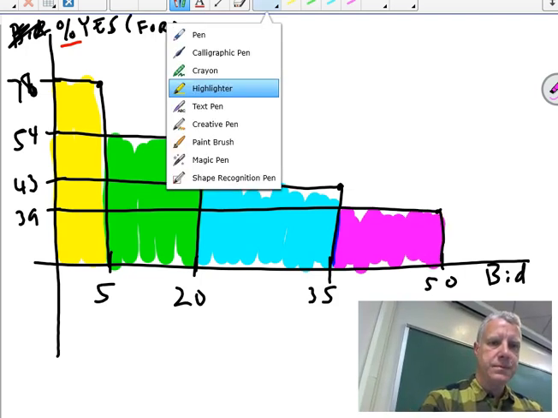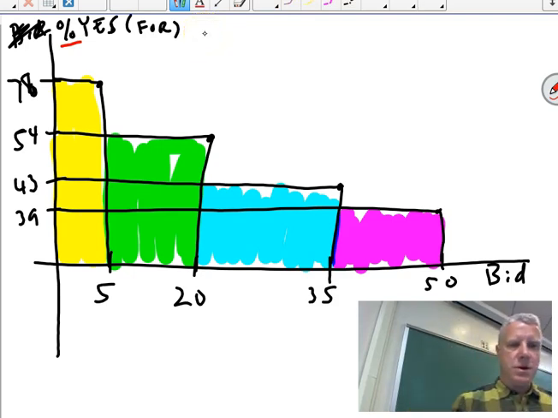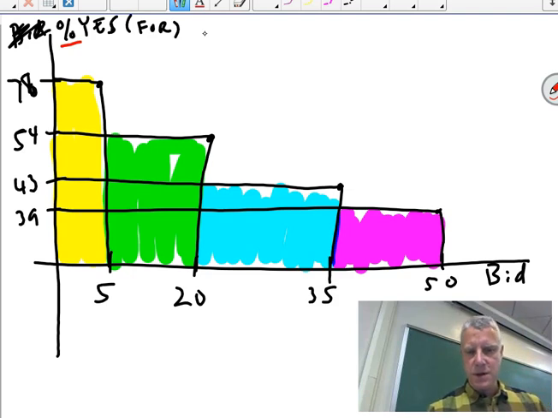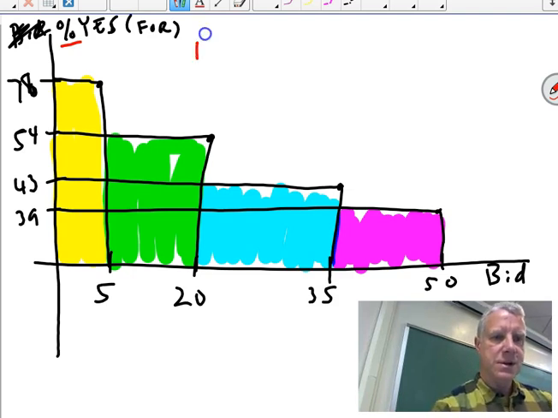Okay, so the Turnbull willingness to pay is going to be equal to the yellow plus the green plus the blue plus the purple rectangles. Let's call that Turnbull willingness to pay.